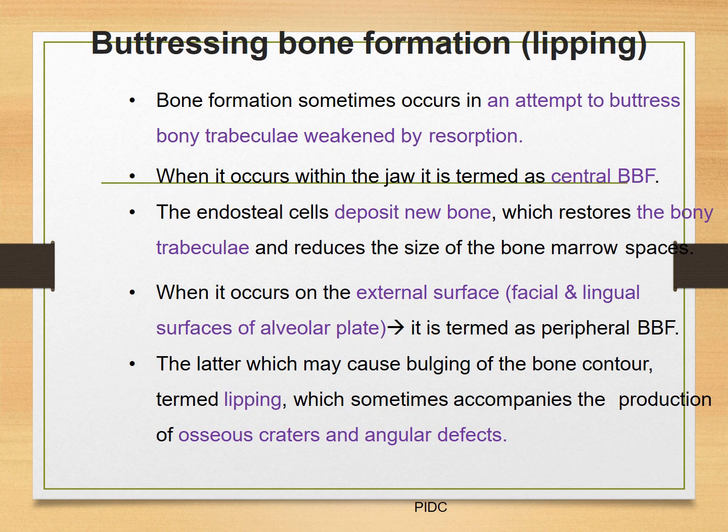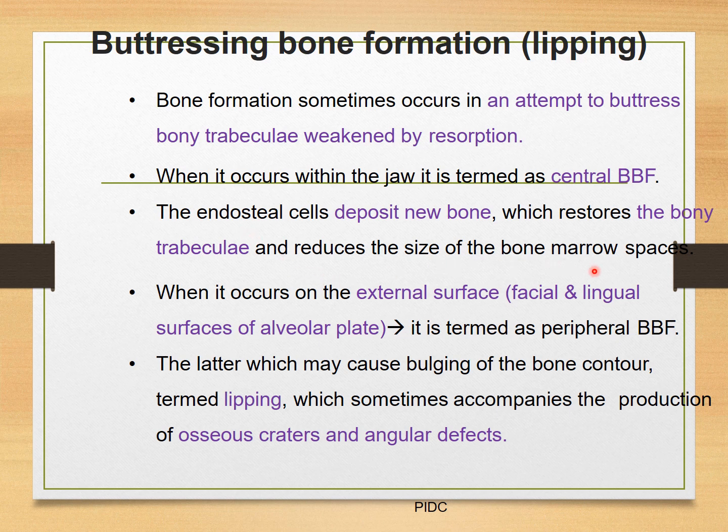Then coming to the buttressing bone formation or lipping. Bone formation sometimes occurs in an attempt to buttress bony trabeculae weakened by resorption. When it occurs within the jaw, it is called central buttressing bone formation. That is, endosteal cells deposit new bone, which restores the bony trabeculae and reduces the size of bone marrow spaces.